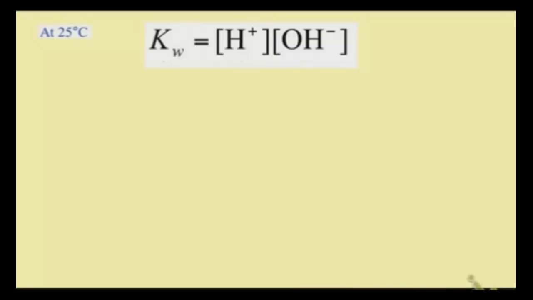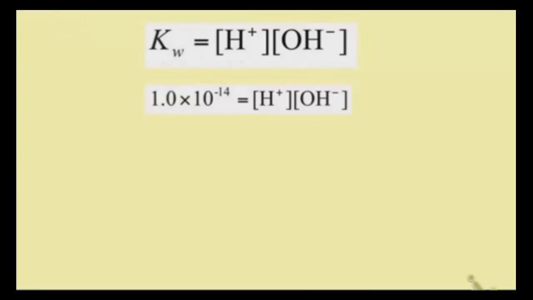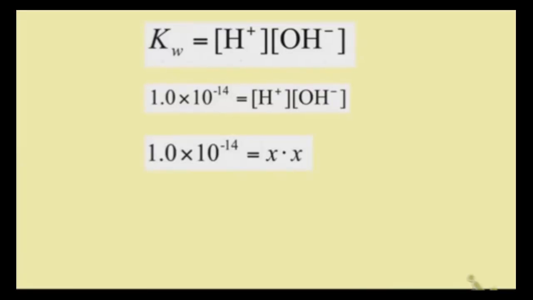Alright, so if I write the equilibrium expression for the Kw, it's the concentration of H+ times the concentration of OH-, and I can use that to find the concentration of the H+ or the OH-. We know Kw is 1 times 10 to the minus 14th. We raise the H+ to its coefficient in the balanced equation, which is a 1, so is hydroxide.